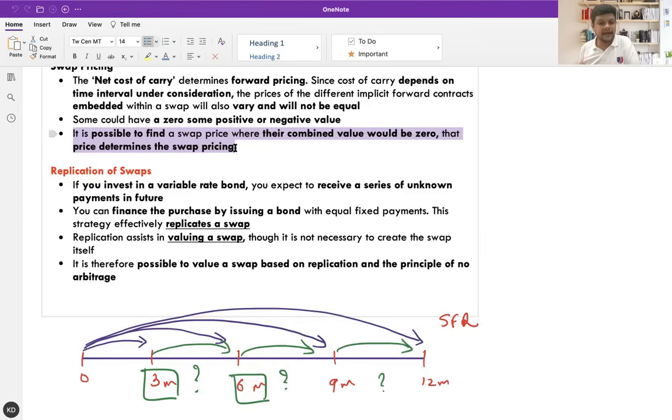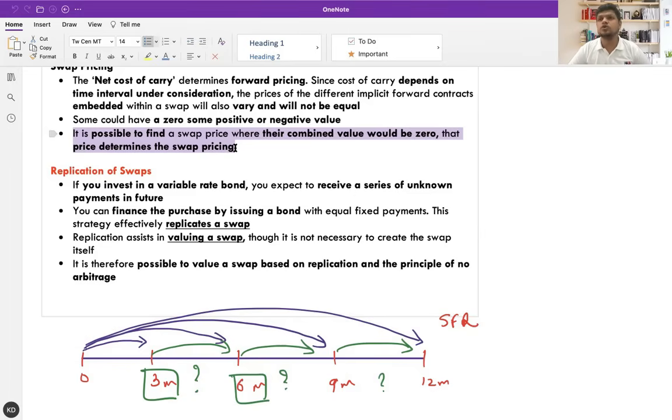It may be something else, right? In that case, if the rates go beyond expectations, then either of us will make gains or losses. Clear? So like forwards and futures for stocks, the value at initiation under the swap is also possible to be zero. And going ahead, this value will be in either of our favor. Clear?